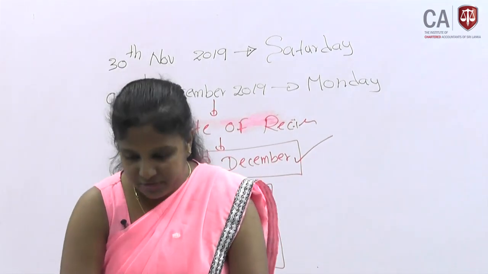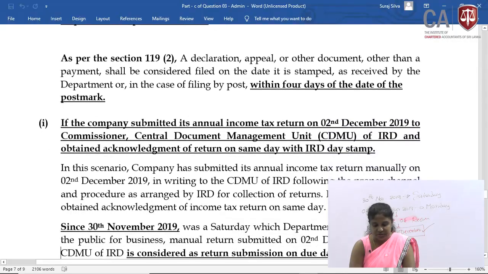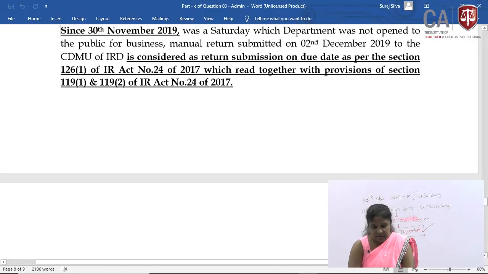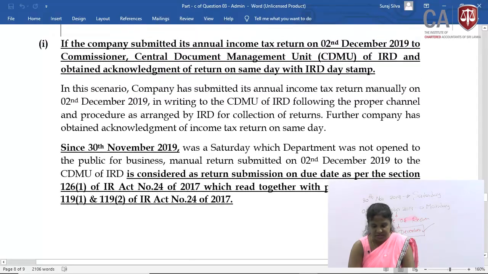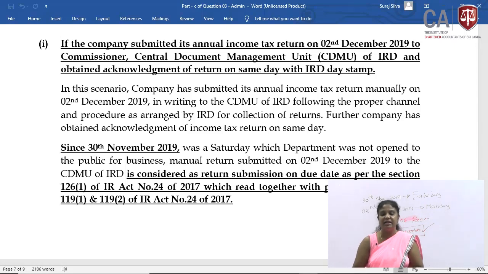This is the provision. Now I will go for the first question and the particular answer, as I have repeated the first question again. If the company submitted its annual income tax return on 2nd December 2019 to the Commissioner through the Central Document Management Unit of IRD and obtained acknowledgement of the return on the same day with the IRD stamp, then see the answer.